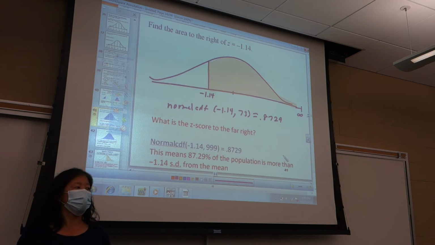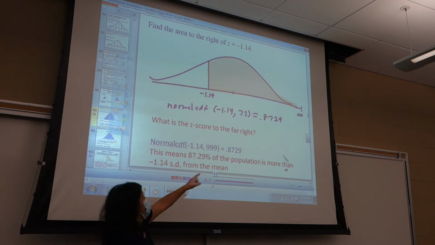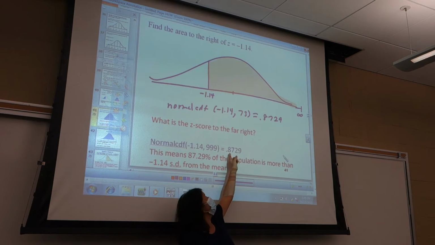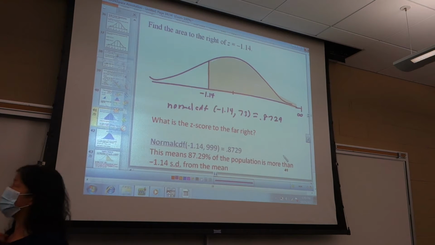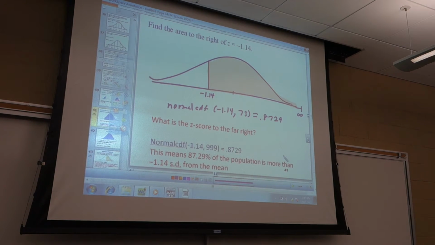Yeah. So for these, we don't round? No. For these, I want you to give me 4 decimal places. So your area should be 4 decimal places. Your z-scores, when you compute z-scores, need to be 2 decimal places. If you compute a z-score and you give it 3 decimal places, you will get it wrong on Connect Math on the homework.